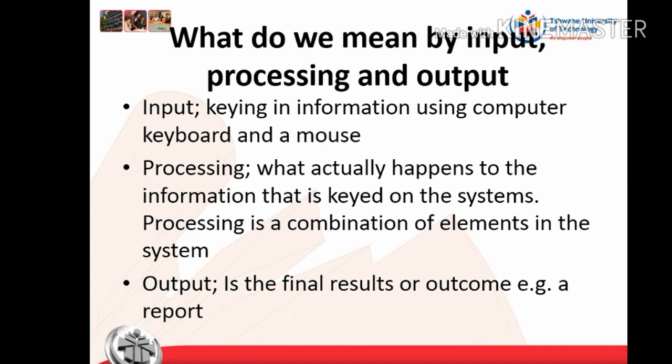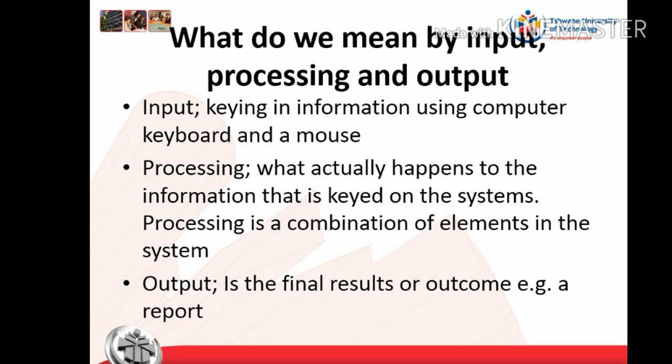For example, a report. Now, normally I do an example about a printer. Let's say you want to make a copy, you come with a paper. You put that paper in a printer. Once you put it, that's an input. Let's say you want to make 50 copies. The photocopy machine makes 50 copies.